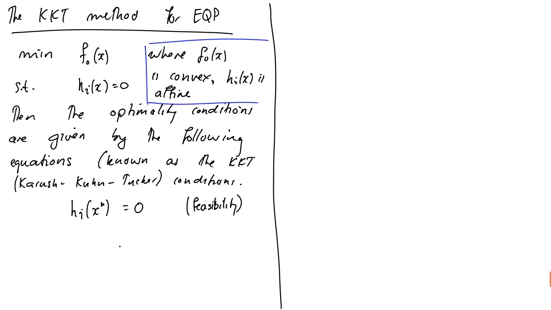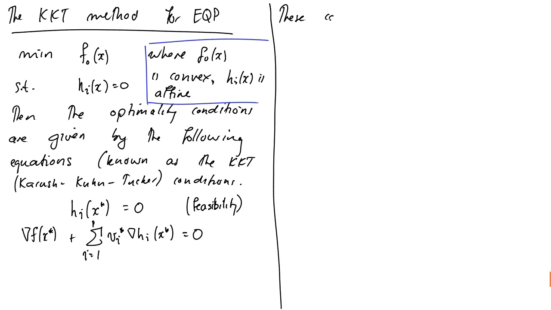Okay, and the gradient of the Lagrangian, it's the same Lagrangian as we use for linear programming, at optimality, so that's the optimal Lagrange multipliers and the optimal x's, has to equal 0. Okay, so if we can solve those equations, then we've found a solution to our problem.